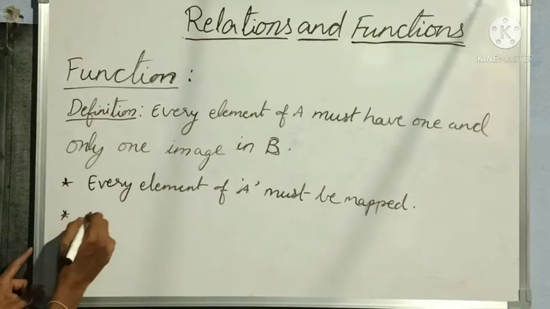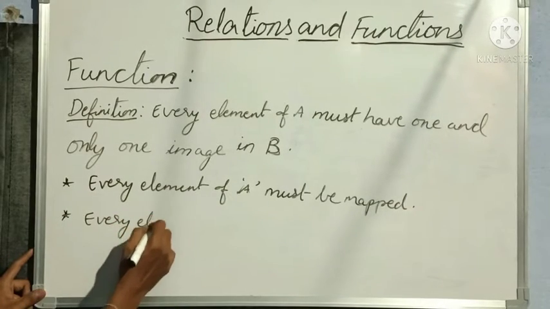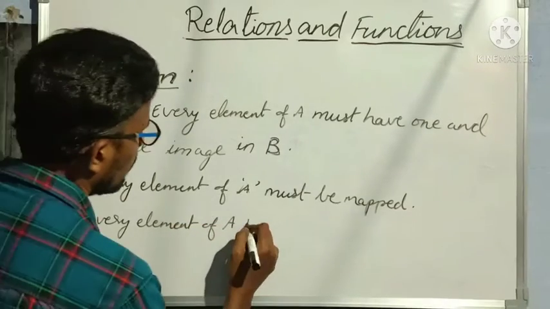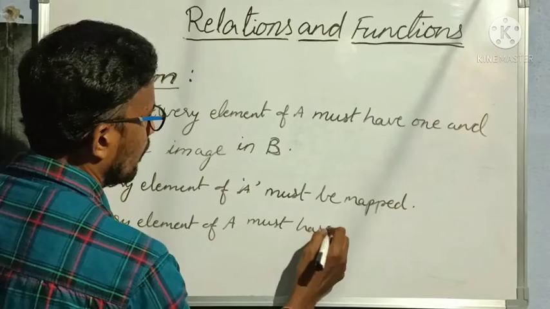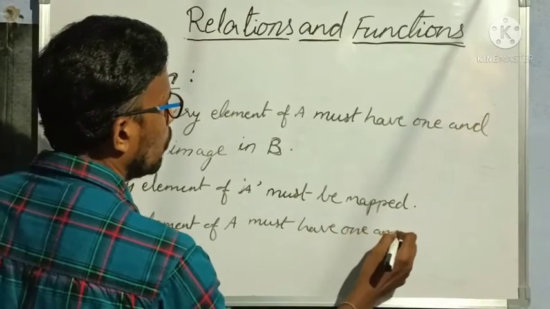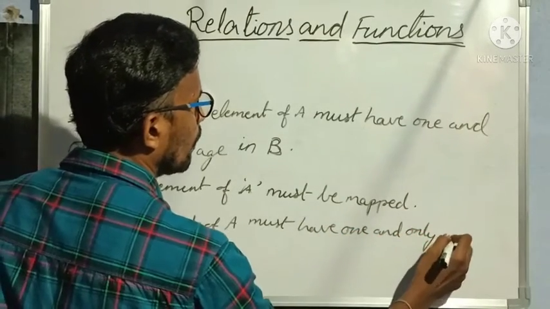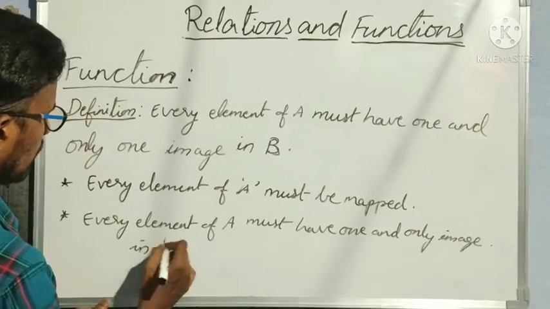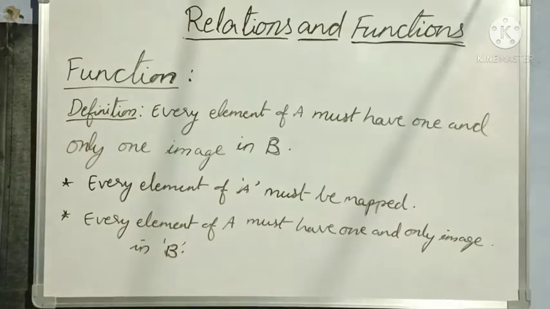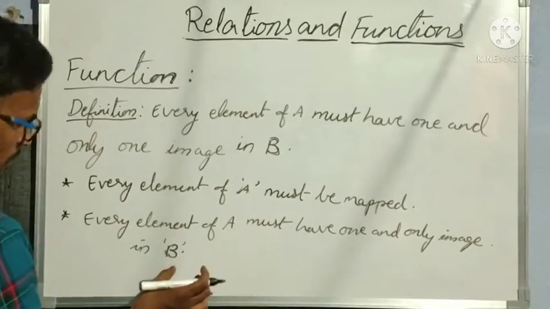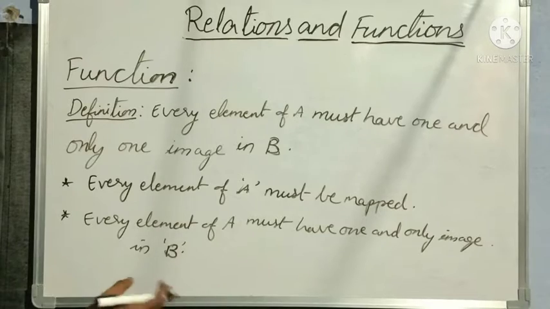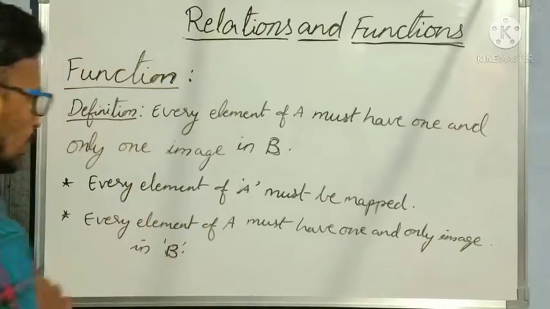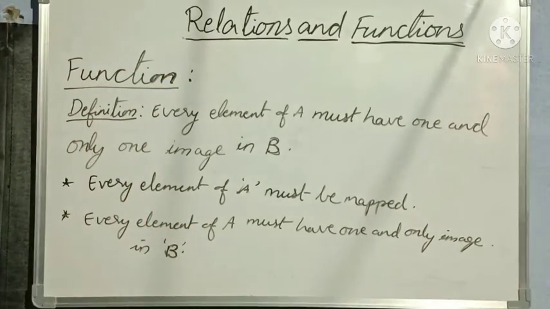And one more is, every element of A must have one and only one image in B. Means elements of A can have the same image in B, but must and should have at least one image in B. Understood? So let us understand this with an example now.